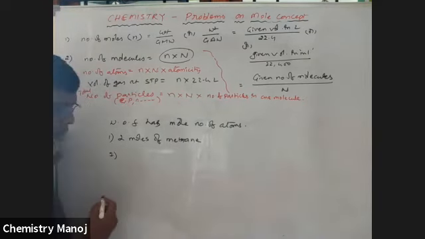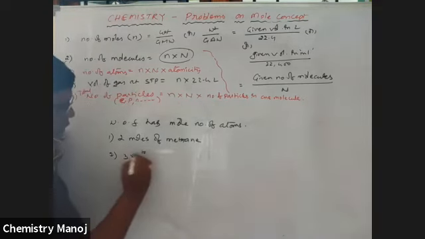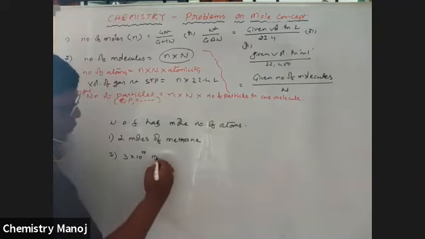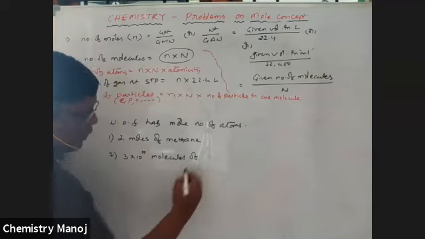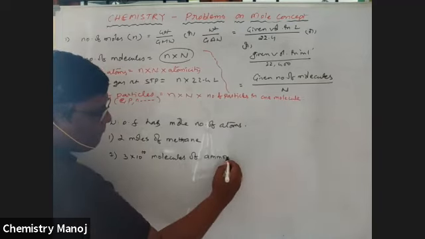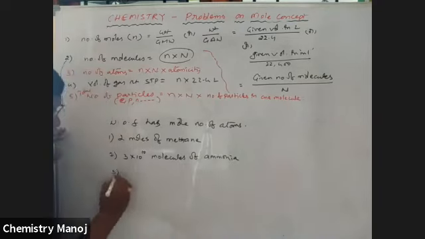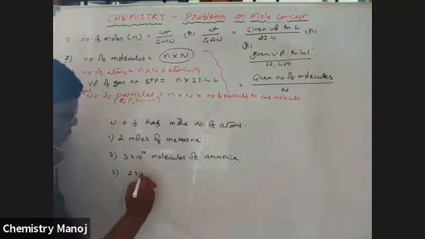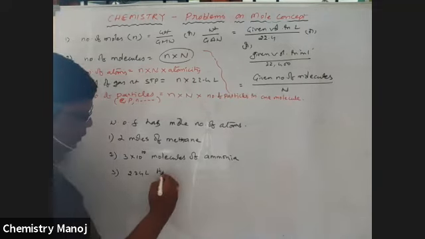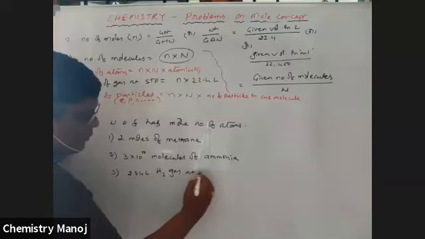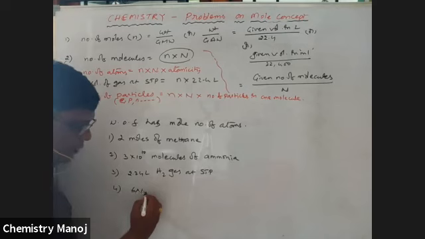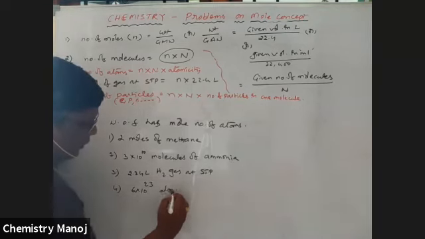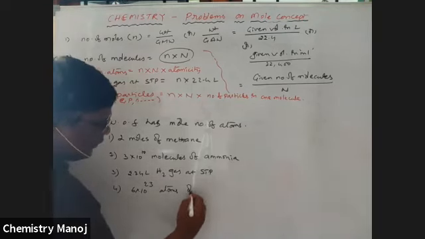Option 2: 3 into 10 power 10 molecules of ammonia. Third one: 2.24 liters of hydrogen gas at STP. Fourth option: 6 into 10 power 23 atoms of hydrogen.